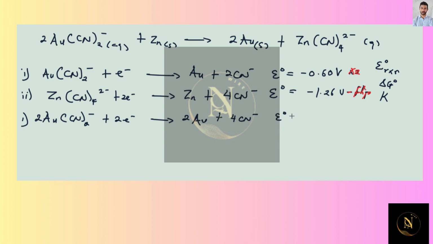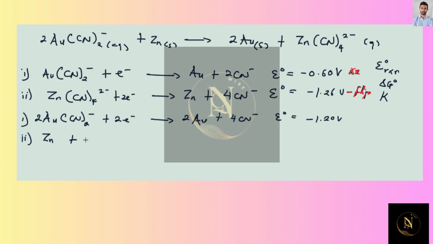And doing that will lead to the multiplication of the reduction potential as well. So this will be minus 1.20 volts.